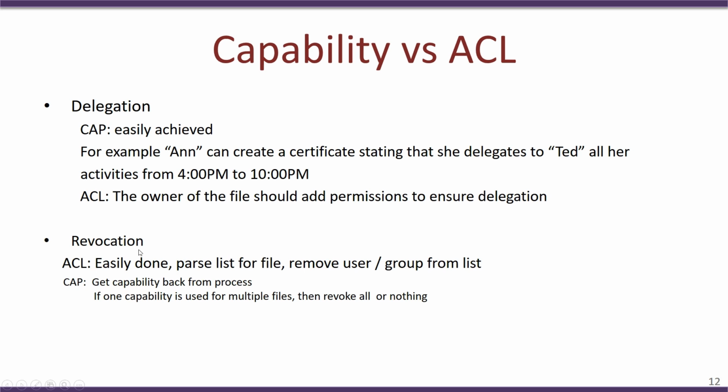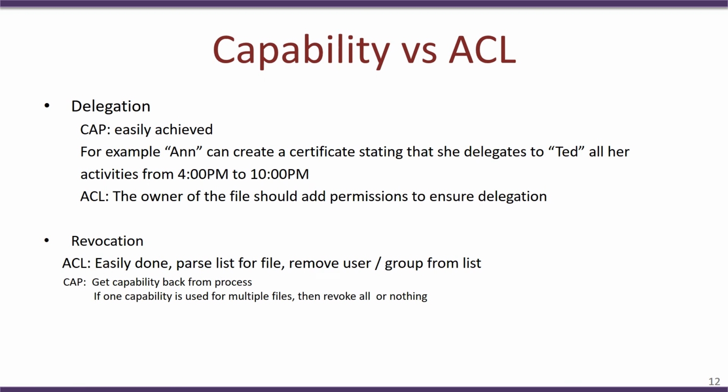Another widely used functionality is that of revocation. In revocation, access control lists are much more efficient than the capability-based model. During revocation, it is easily done in ACL because all that is required is to parse the ACL list for a particular object and remove the user or the subject from that particular list.